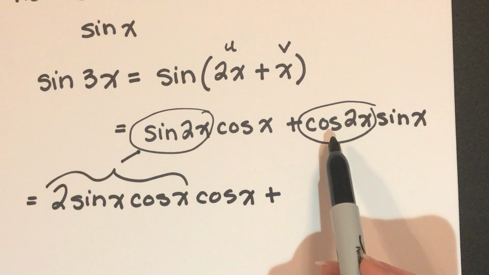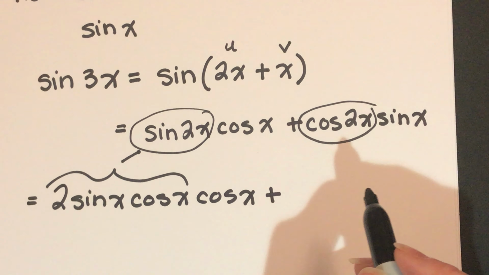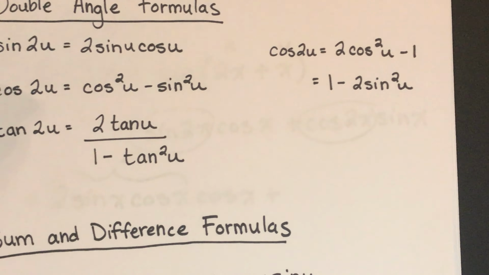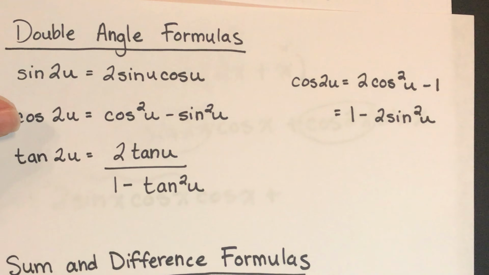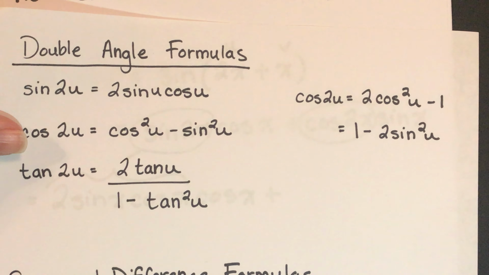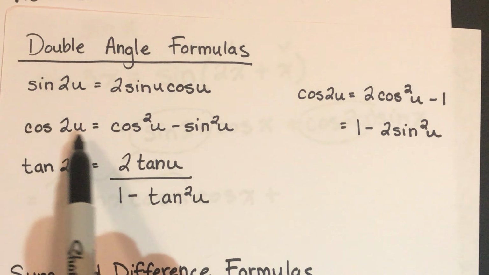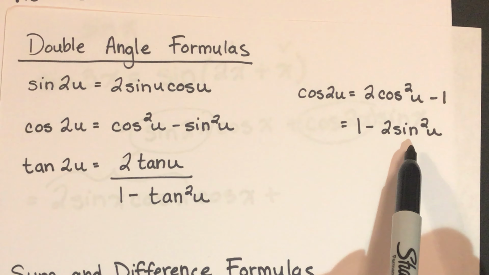Remember that we're trying to get everything in terms of sine. Remember cosine had a bunch of different ones. Oh, my screen froze. Oh well. Okay, so we've got cosine of 2u can equal this, or this or this. We have a bunch of different options.